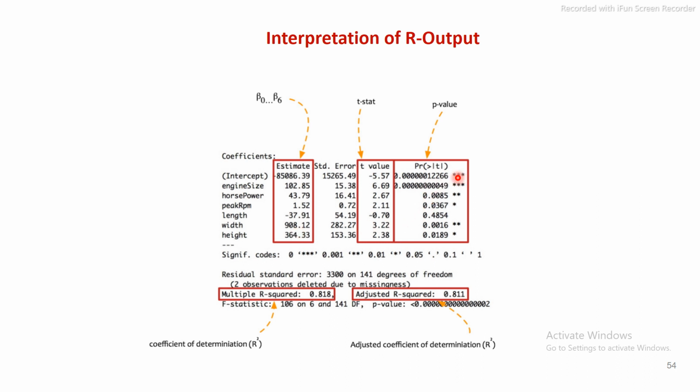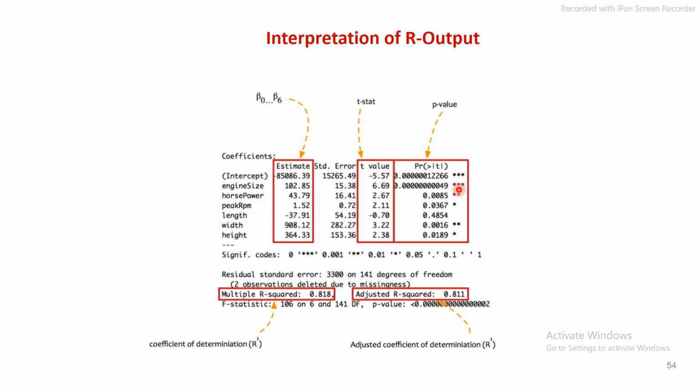And for the p-value, whenever you see this star mark, it means they are significant. It means they have an effect on the dependent variable. So engine size, let's say, has a higher effect on the price. The price was the dependent variable.